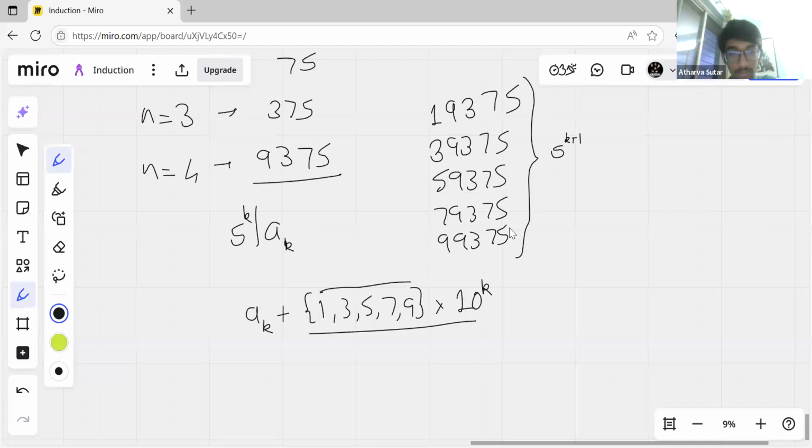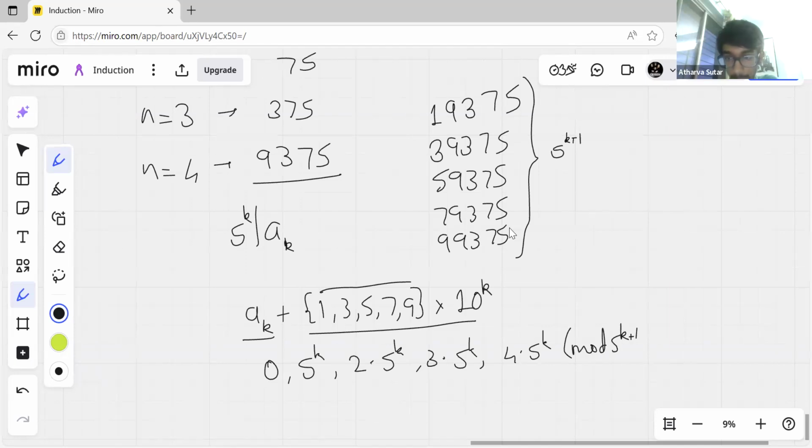So no matter what remainder this has, whether 0, 5 to the k, 2 times 5 to the k, this has all 5 distinct remainders. It could be any of the remainders, but no matter what it is, one of these will satisfy the number we require.